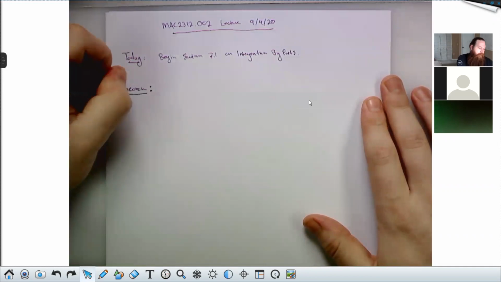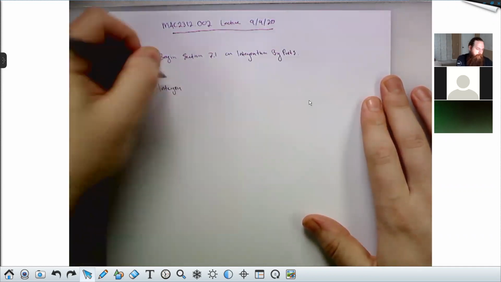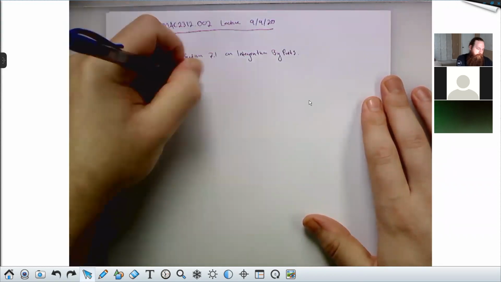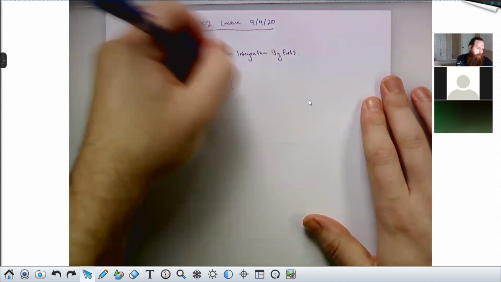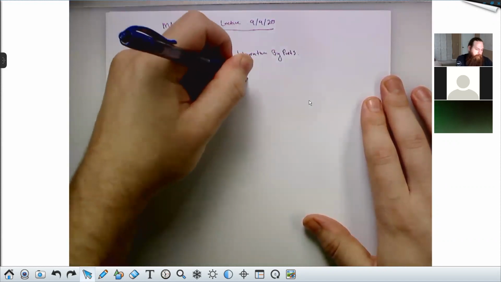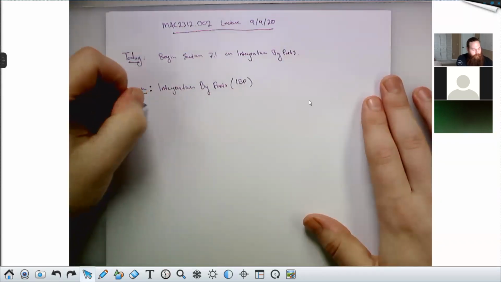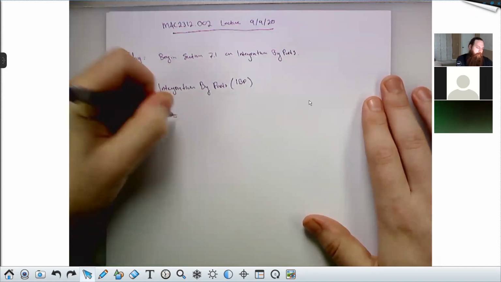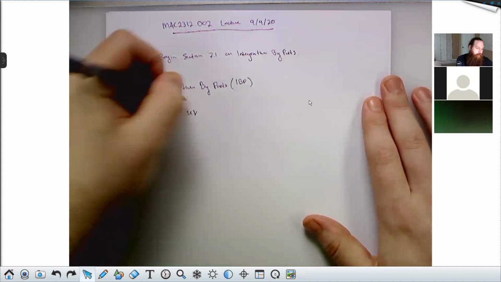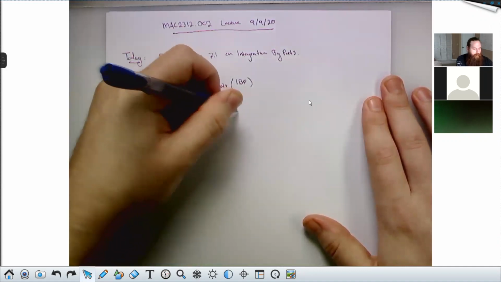All right, so the theorem, this is integration by parts. Hereafter, I will refer to it as IBP because I get tired of writing that much stuff. It says simply that the integral of u times dv is equal to u times v minus the integral of v times du.